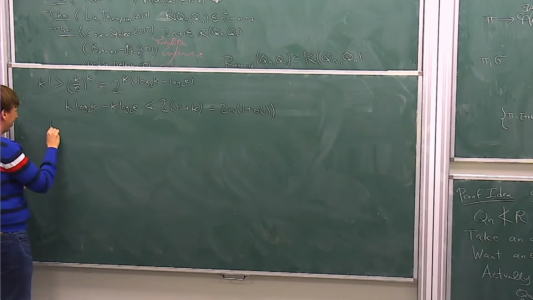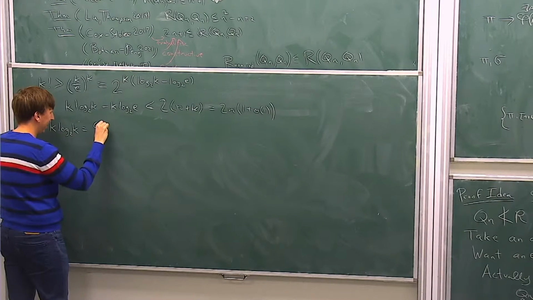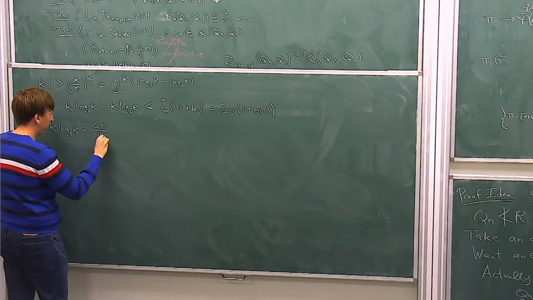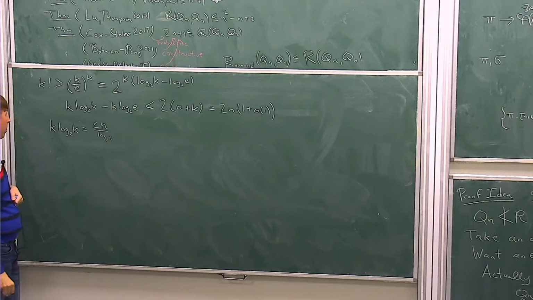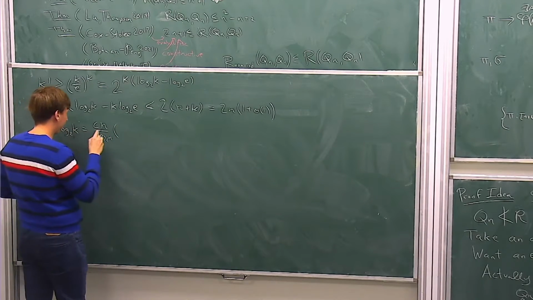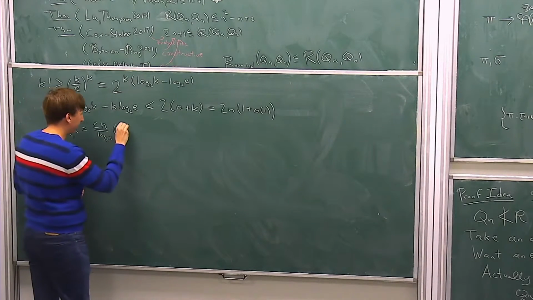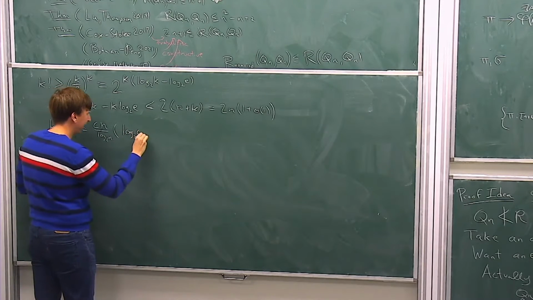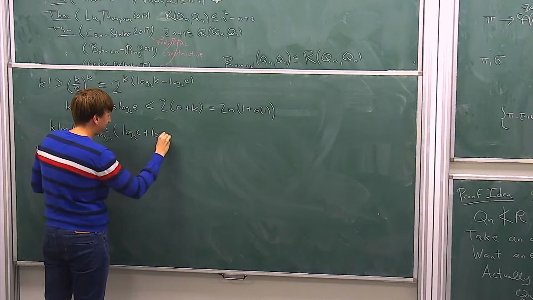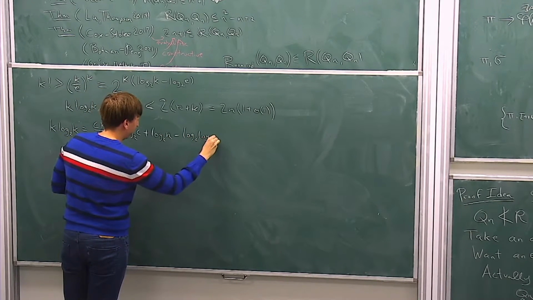But k log k, well, k was cn over log n, and then let me expand out the logarithm, plugging in cn over log n. This is log base 2 of c plus log base 2 of n minus log base 2 of log n.